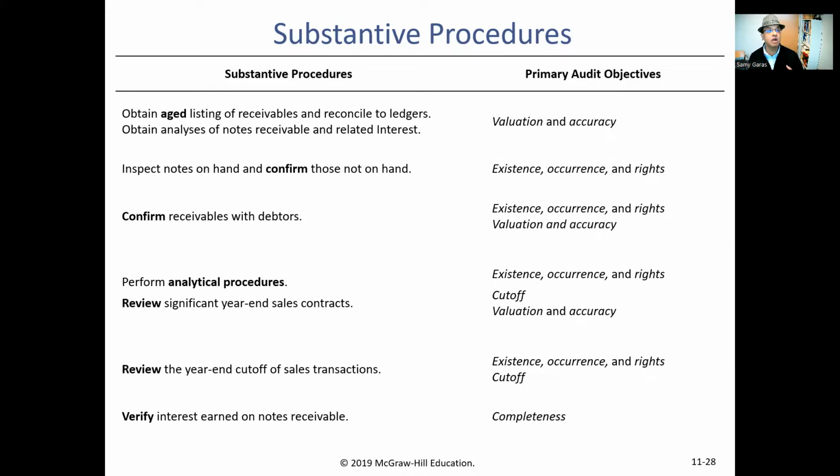We might send a confirmation to the client to check the existence, occurrence, rights, and obligations. We might make some analytical procedures to also satisfy the existence, occurrence, rights, cutoff, valuation, and accuracy. We might review the year-end cutoff of sales for satisfying those assertions. And finally, verify the interest earned on notes receivable to make sure it has been recorded in the ledger.